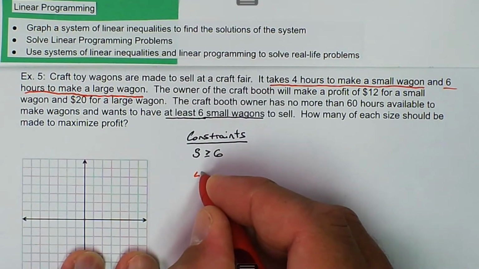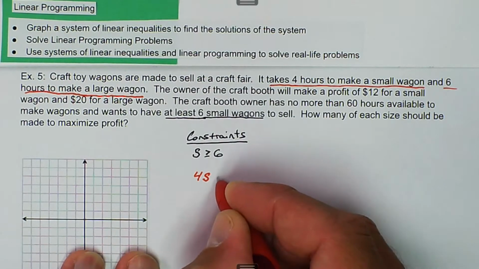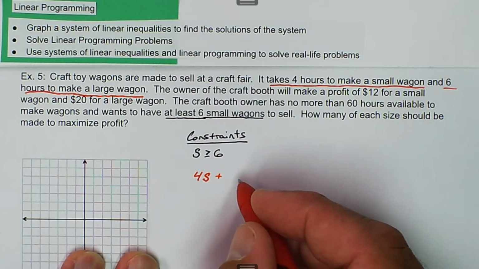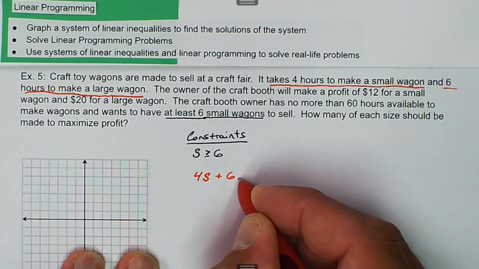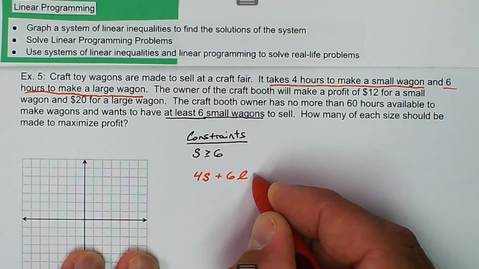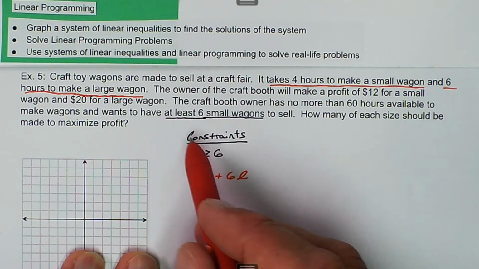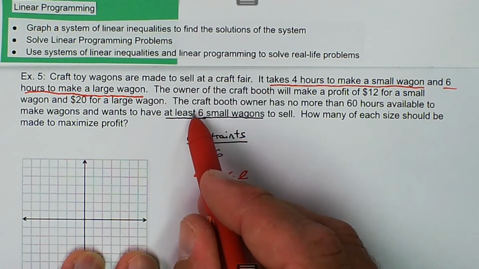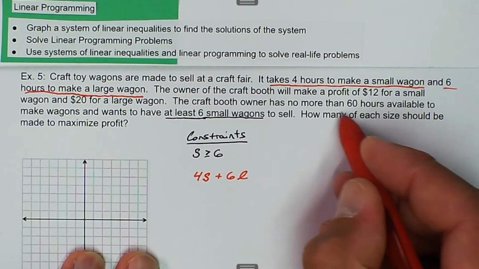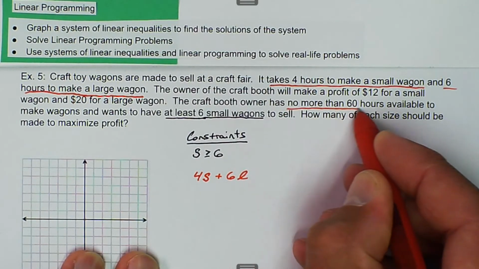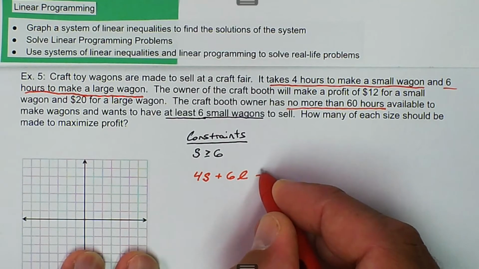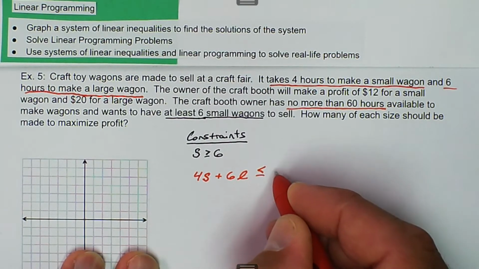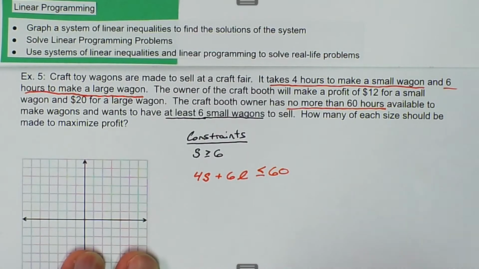So 4 times S plus 6 times L, that will be the total hours. But the craft booth owner has no more than 60 hours, so it could be equal to 60, but it can't be more.